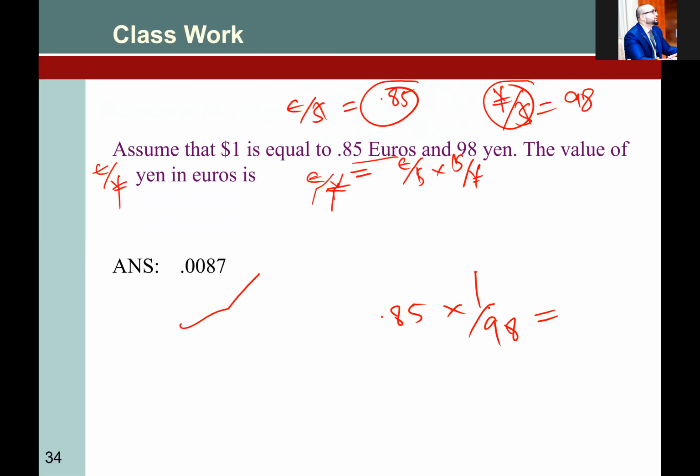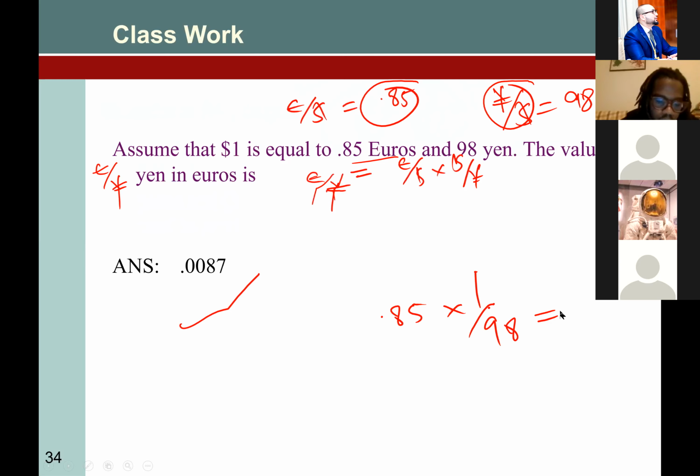Kathleen, Lota, Florian. For this one, I found 0.012 and then 004. And how did you then calculate? What I did, I said assume that $1 is equal to 0.85 euro and 98 yen, the value of yen in euro. So I want to know how many yen in euro.